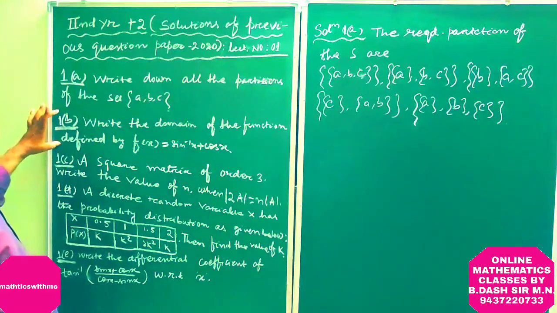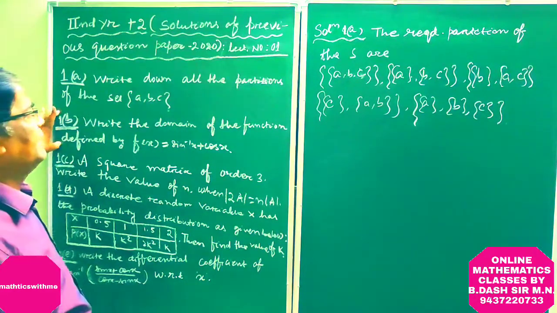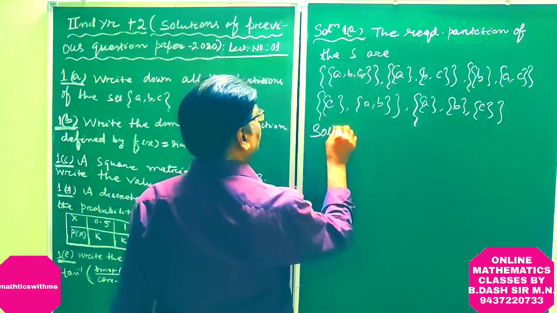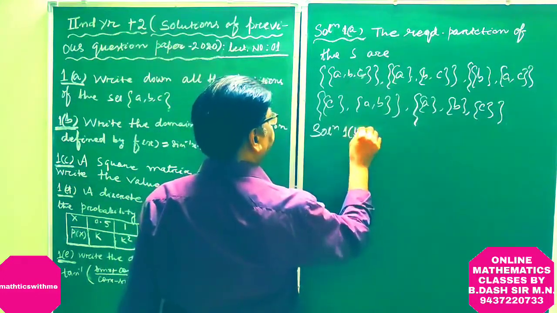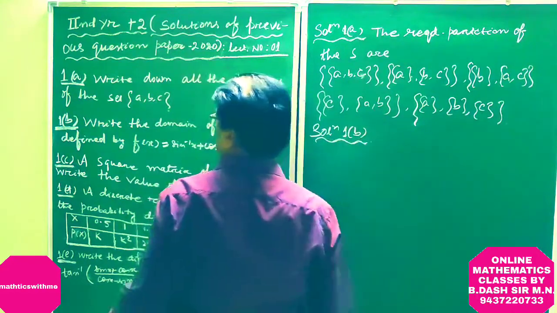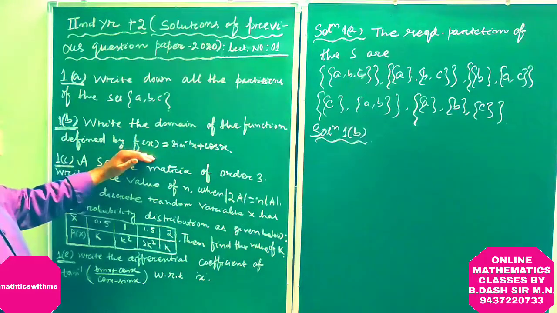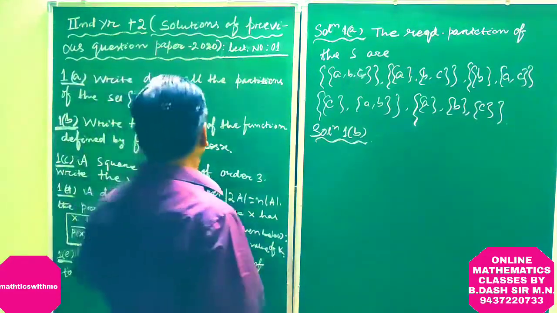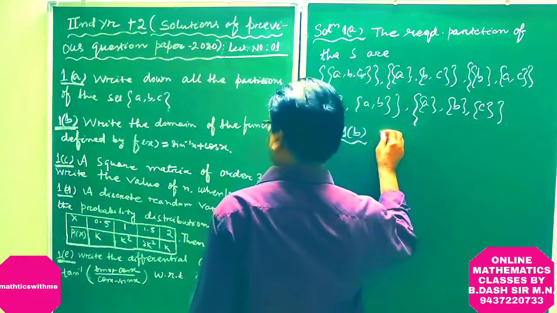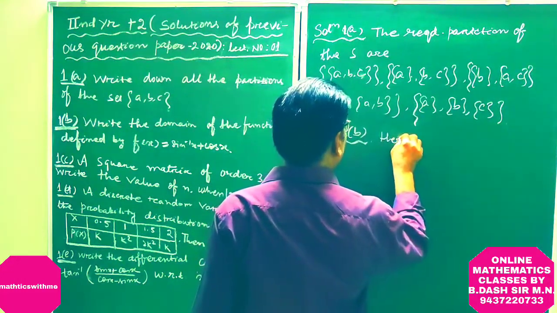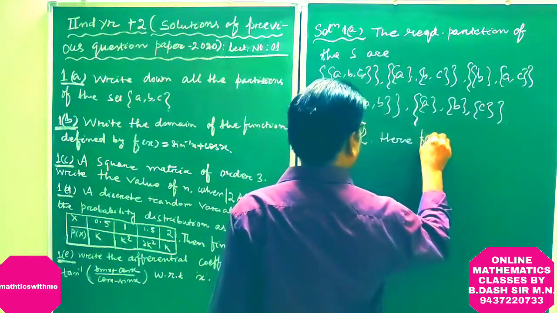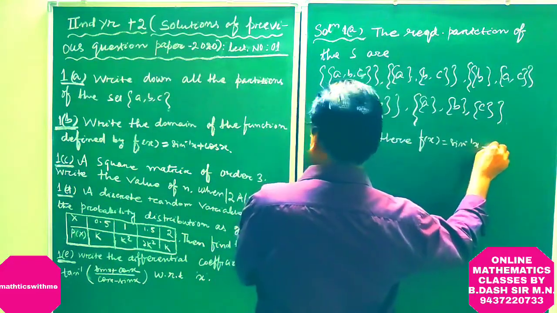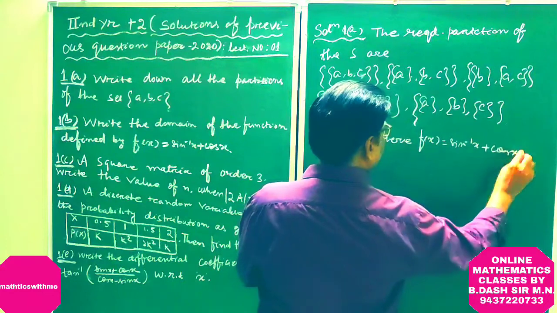Let us proceed to solve 1B. Now solution for 1B. Here we have to write the domain of the function f(x) is equal to sine inverse x plus cos x.